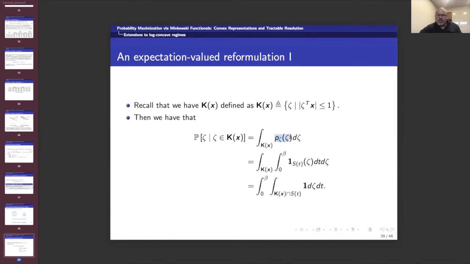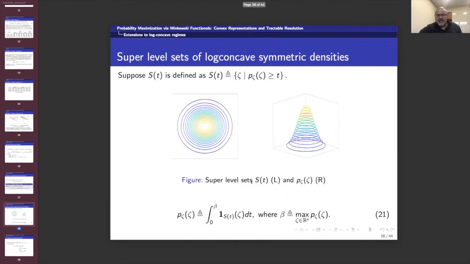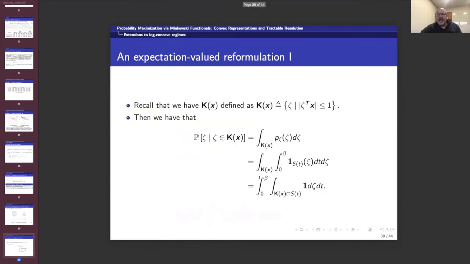Now, based on the way p of zeta is defined in this form, using the super level sets, I can replace p of zeta using this definition. And now I can actually interchange the integrals under some assumptions.